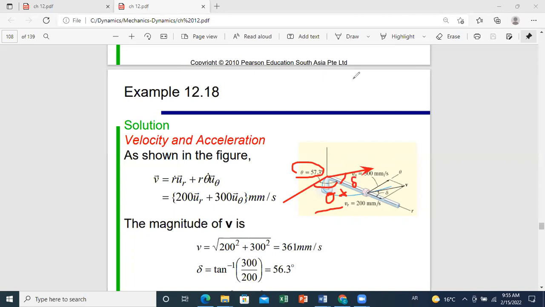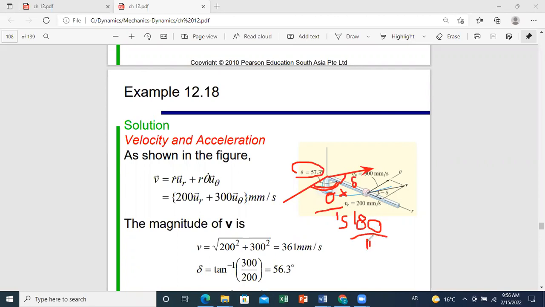Why do we need to add these two angles to get the direction of the velocity vector? Okay, we need to add these two angles because, if you remember, we first calculated theta at 1 second. Theta represents the angle between the reference line and your vector UR, your position vector. And it was found to be equal to 180 over pi.